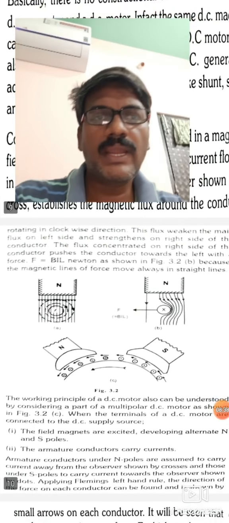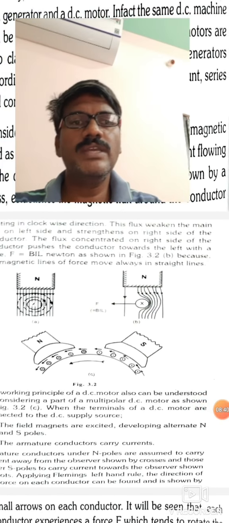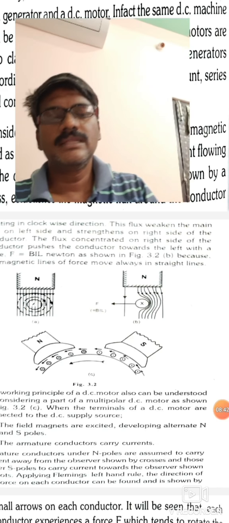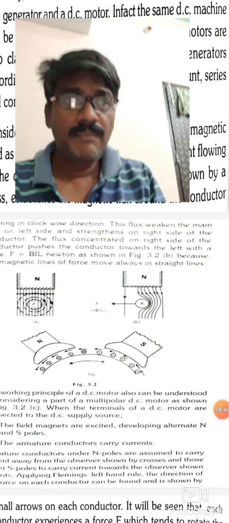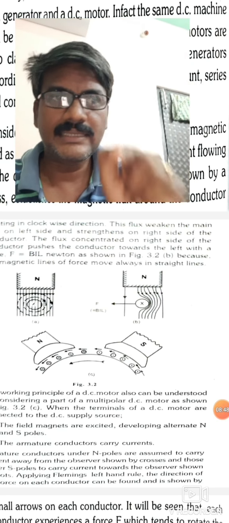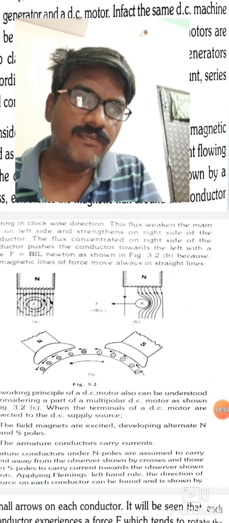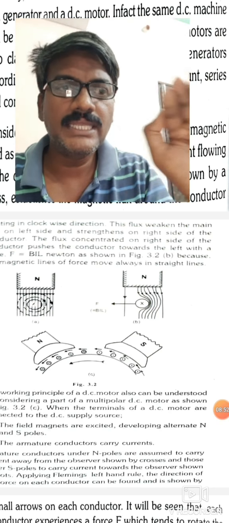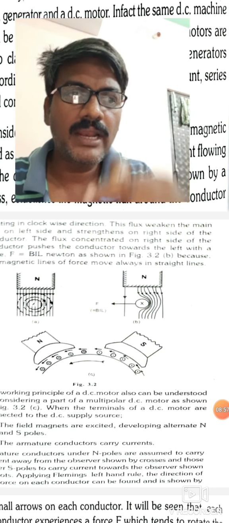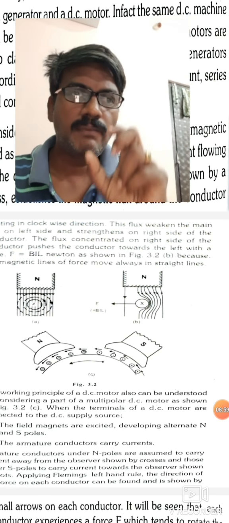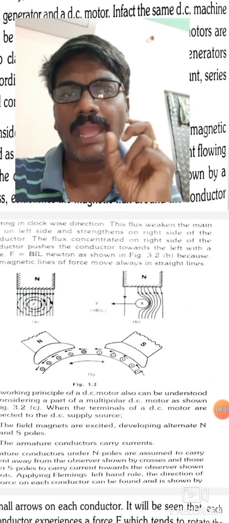Magnetic lines of force always move in a straight line. Because of the current in the conductor, the magnetic flux decreases on one side and increases on the other side. That means the bending of the magnetic flux will take place. But what is the main property of magnetic lines?